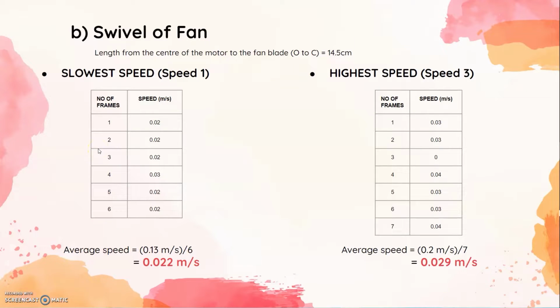For the swivel of the fan, the length from the center of the motor to the fan blade, which is O to C, is 14.5 centimeters. Both tables show the collected speed, which is the slowest and the highest. The average speed for the slowest is 0.022 meter per second, while the average speed for the highest is 0.029 meter per second.